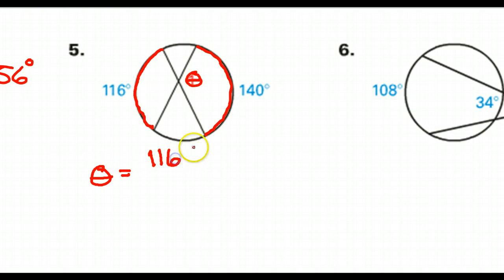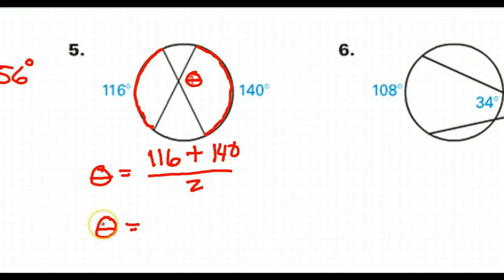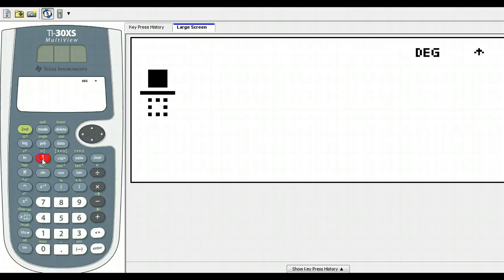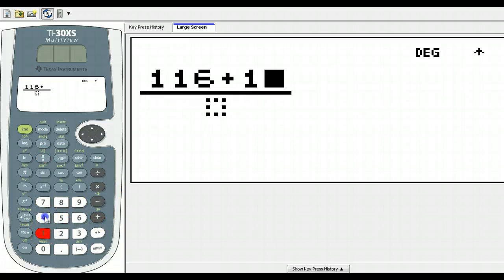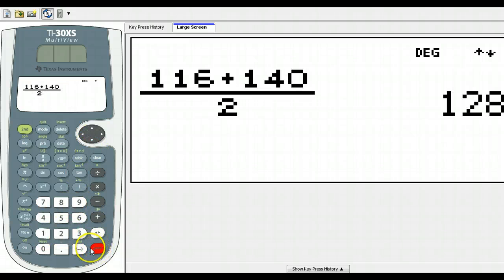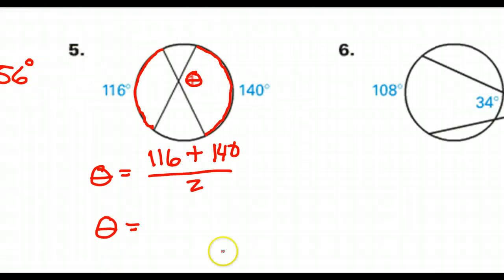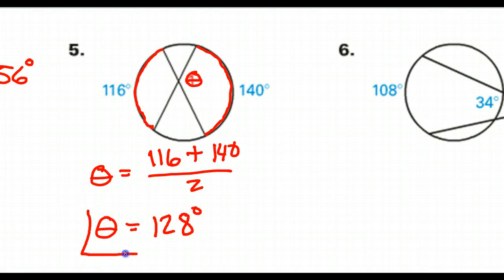So 116 plus 140 divided by 2. If you know the formula, it's pretty straightforward. So that is 128 degrees. Kabam! That's number 5.